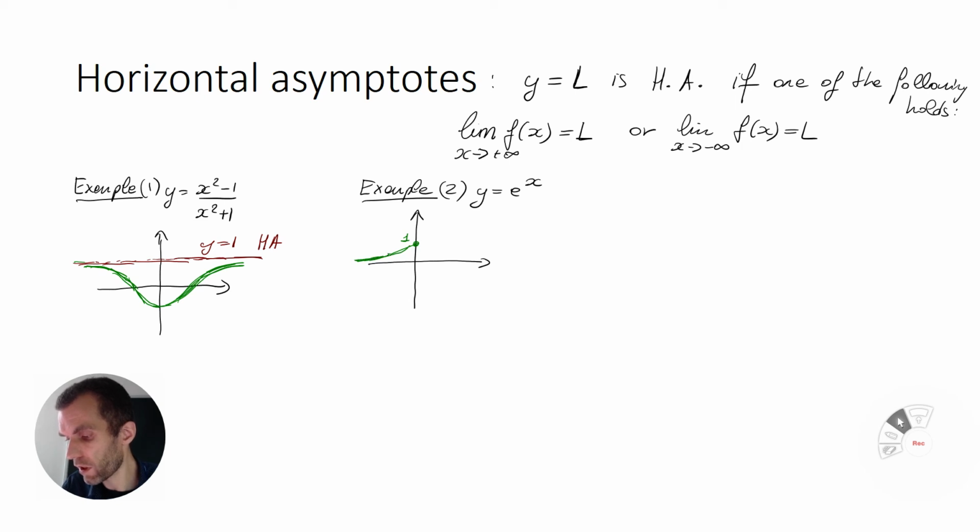It tends to 0 when x is negative, and then it blows up when x becomes positive. In particular, the limit for x going to minus infinity of e to the power x is 0. So from that we have that the x-axis, y equal to 0, is a horizontal asymptote.